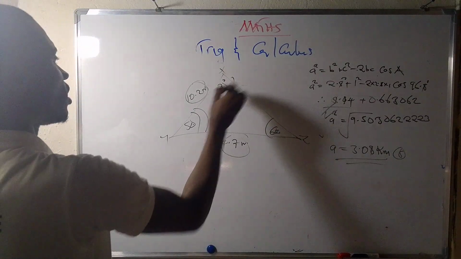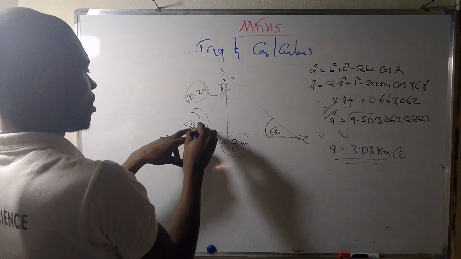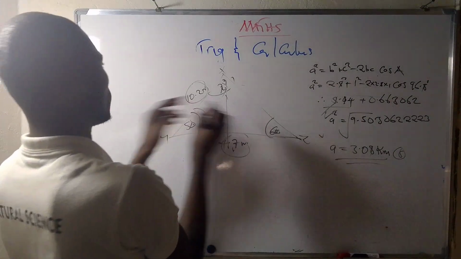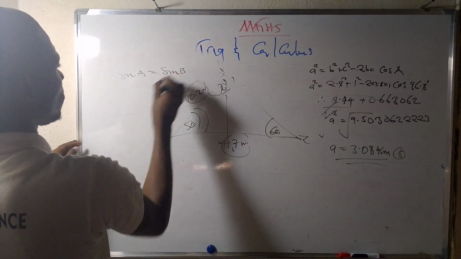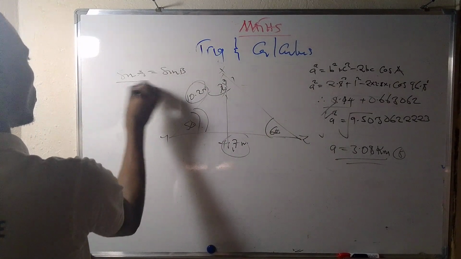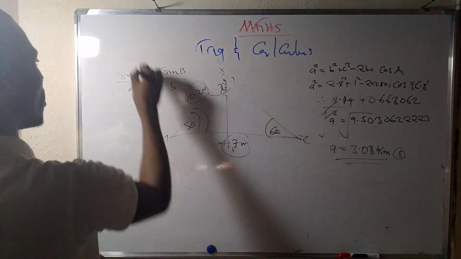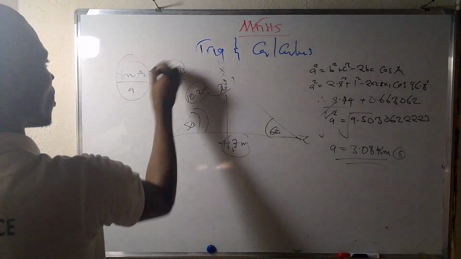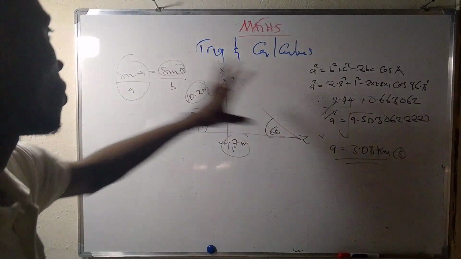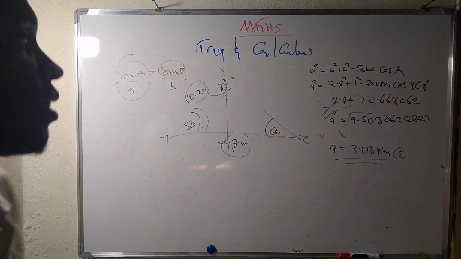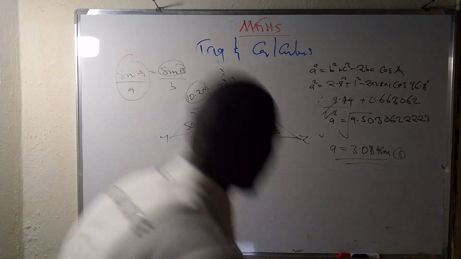Or since this set and this set is a full set, this one can be used to say sine A over a is equal to sine B over b, with the letters given. This and this can come here, then this will come here, you look for b. So two formulas can be used to find that one. So basically that's what we look at under trigonometry.